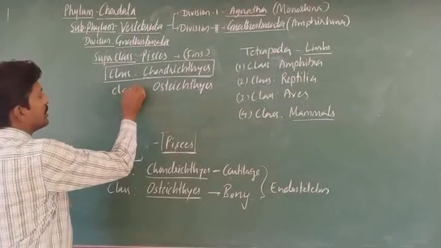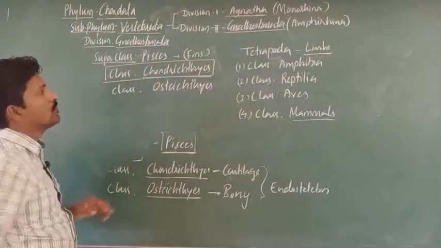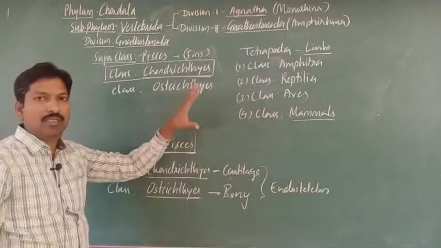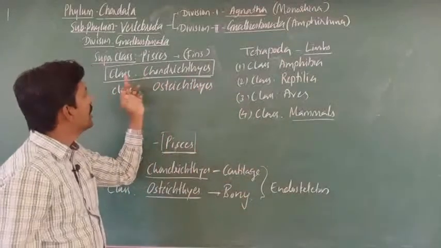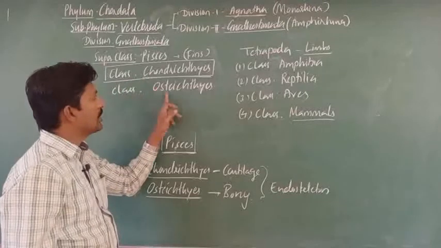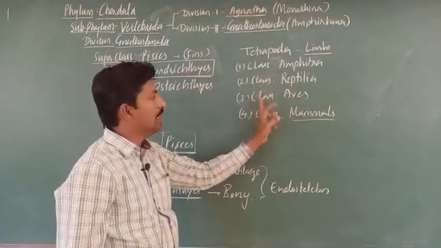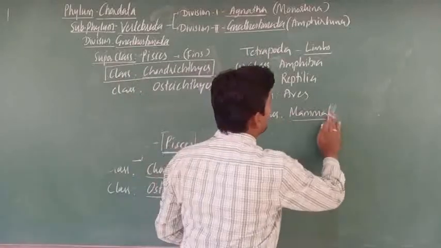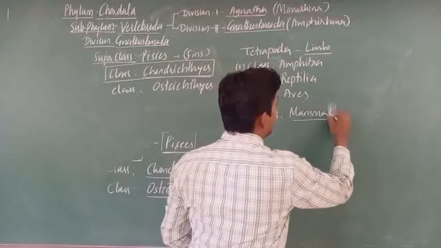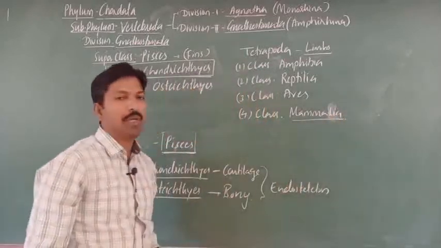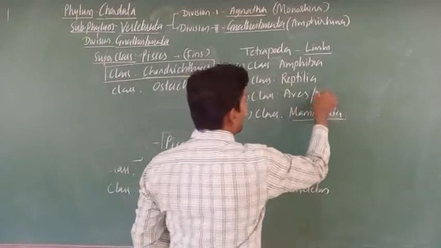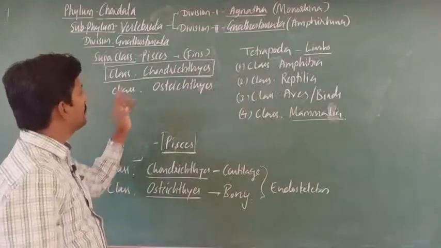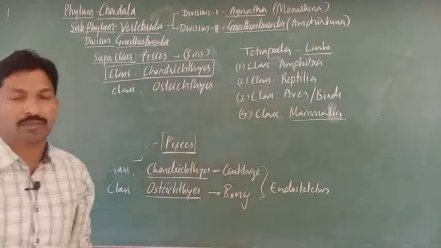These are the two classes under superclass Pisces, and there are four classes under superclass Tetrapoda: class Amphibia, class Reptilia, class Aves, which is what we call birds, and class Mammalia, commonly called mammals. So this is about our next study. In the next video we will see Chondrichthyes.